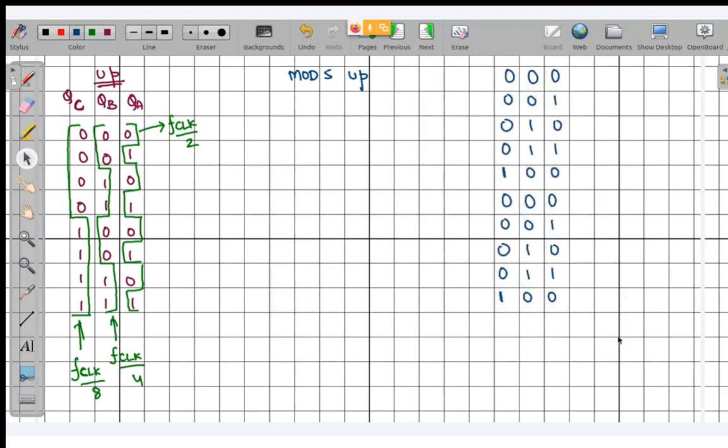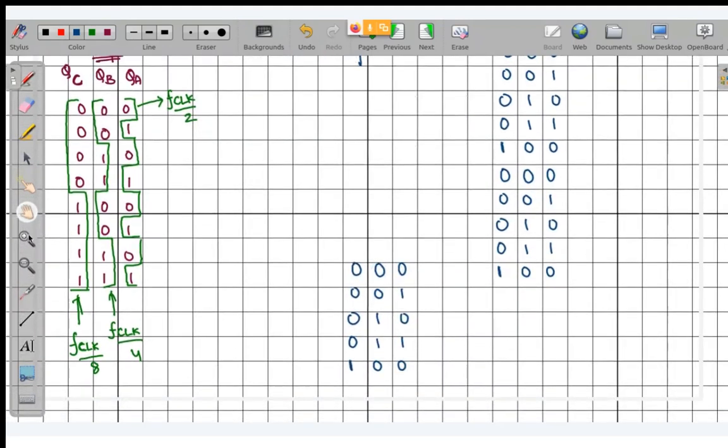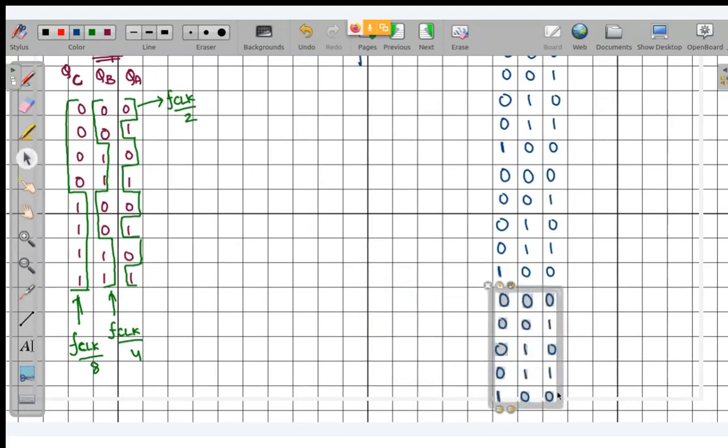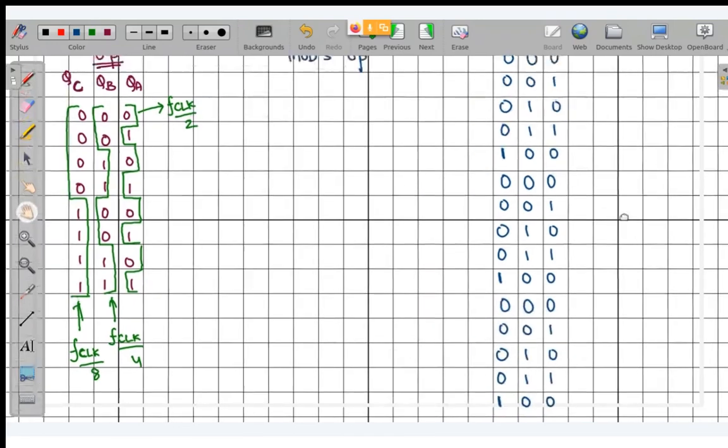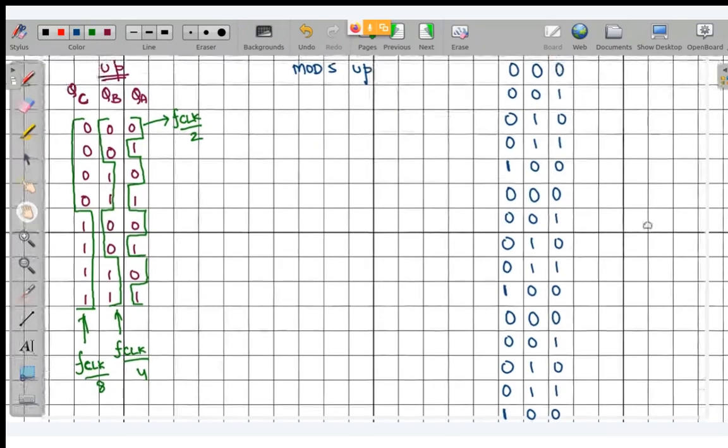So let me write it over here. You can see the states are continuously repeated. So this is the counting state of the mod 5 up counter. If this is your QC, I don't have space over here, so this will be QC, this is B, and this is A. Now look over here.